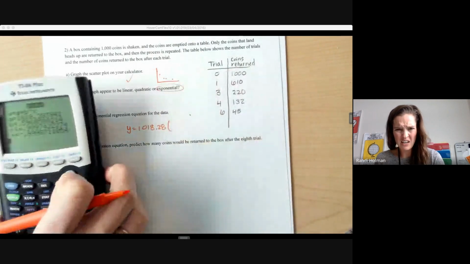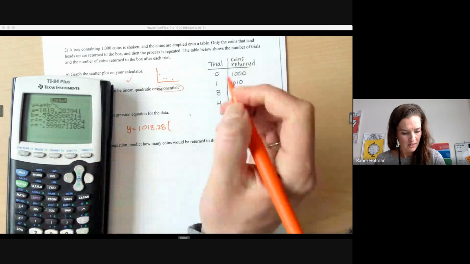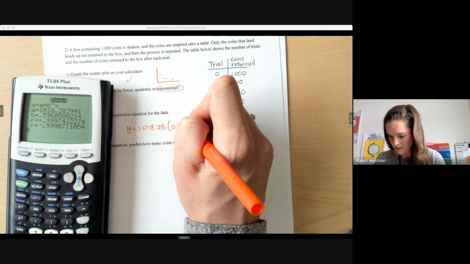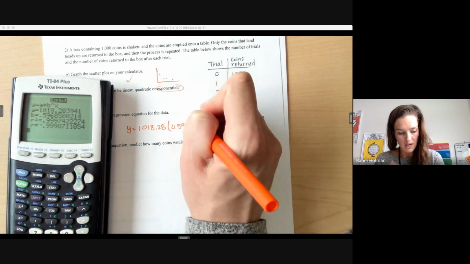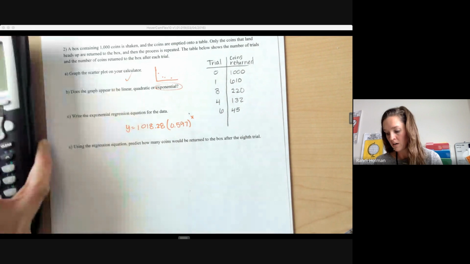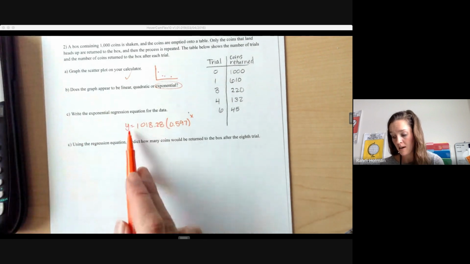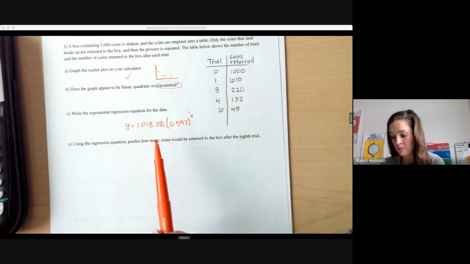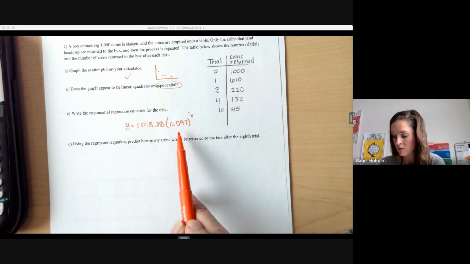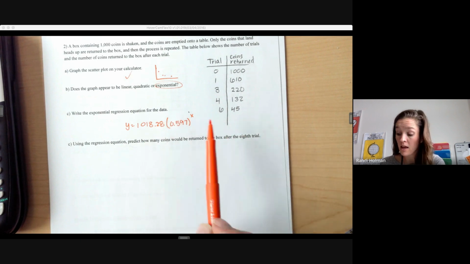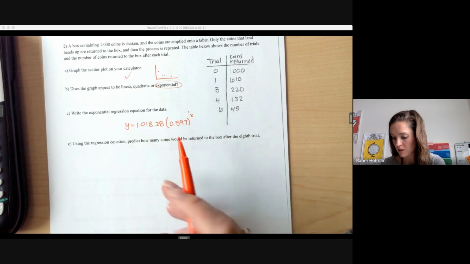And then B here is 0.597 to the X. Okay, so here this is saying that we have 1,018 to start. We know we actually only have 1,000, but this is the model. And then we have a decay of a little under a half as we're putting those back in.